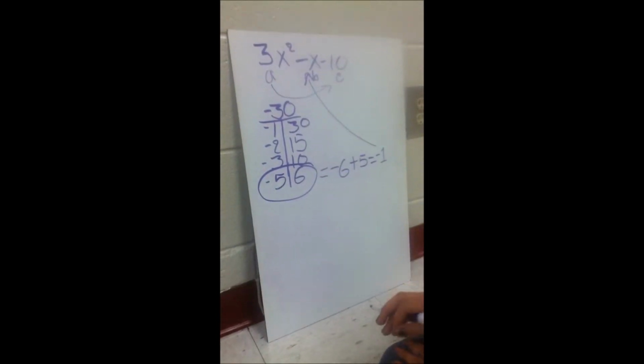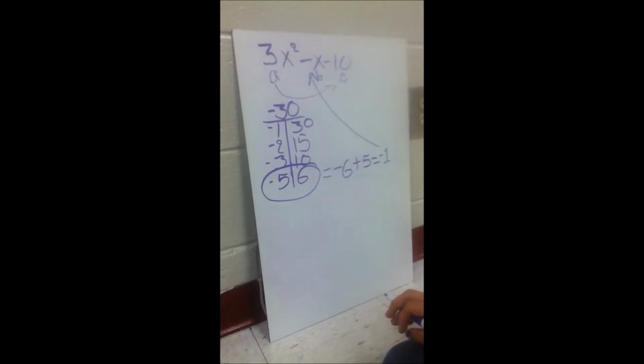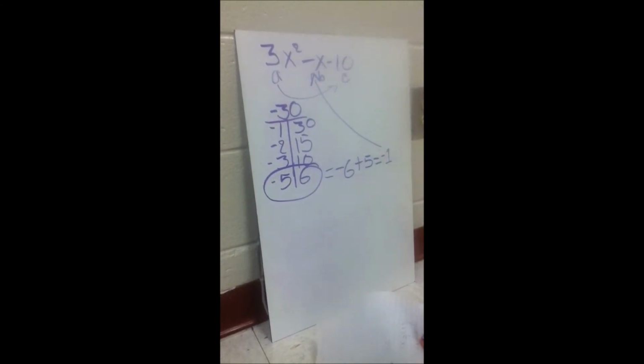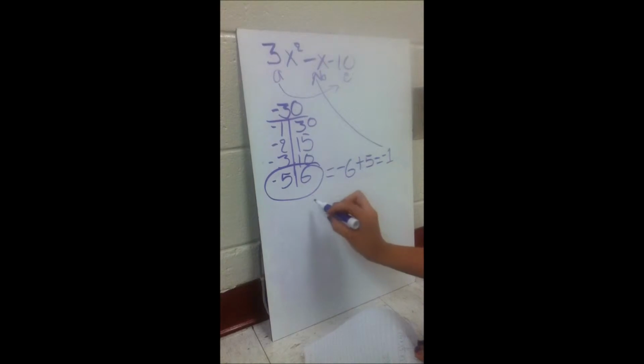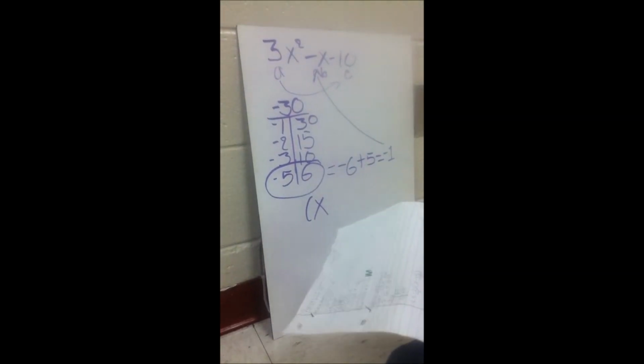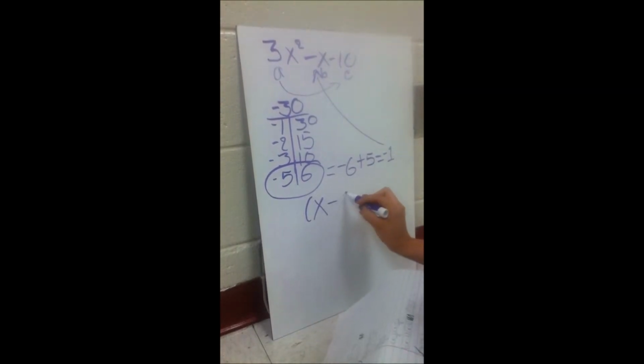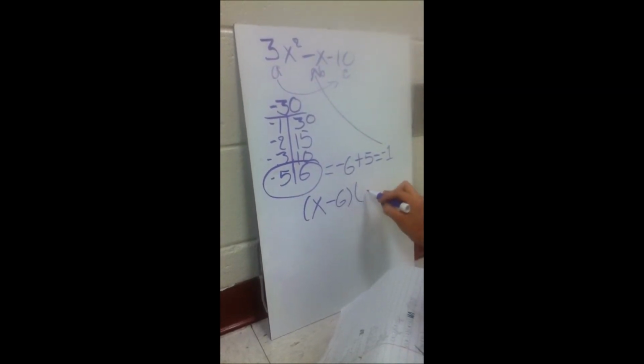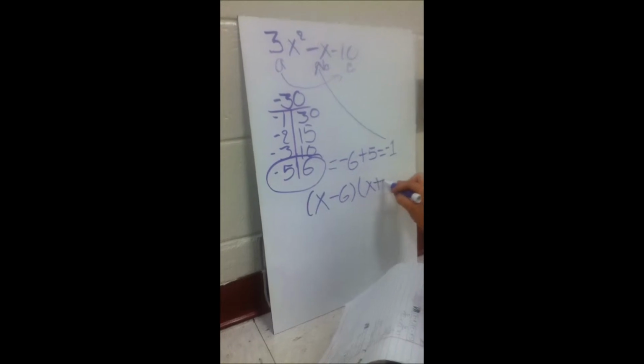So next step here is to solve it. So x minus 6 times x plus 5.